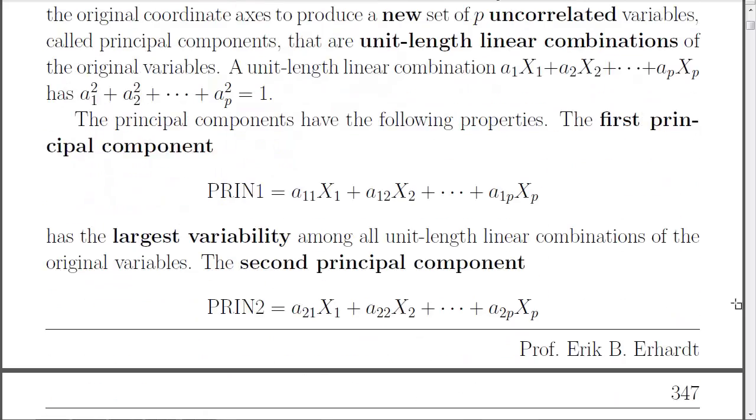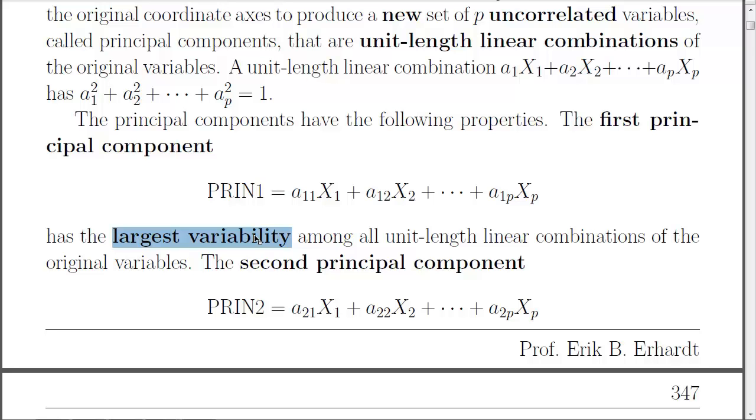So our principal components have a property of descending variance. The first principal component, which in these notes I call Prin1, but sometimes you'll see it as PC1, for principal component 1, PC2, and so on, is a linear combination of those x's such that this direction through the data, which we'll see in a moment in an example, has the largest variability among all directions through the data.